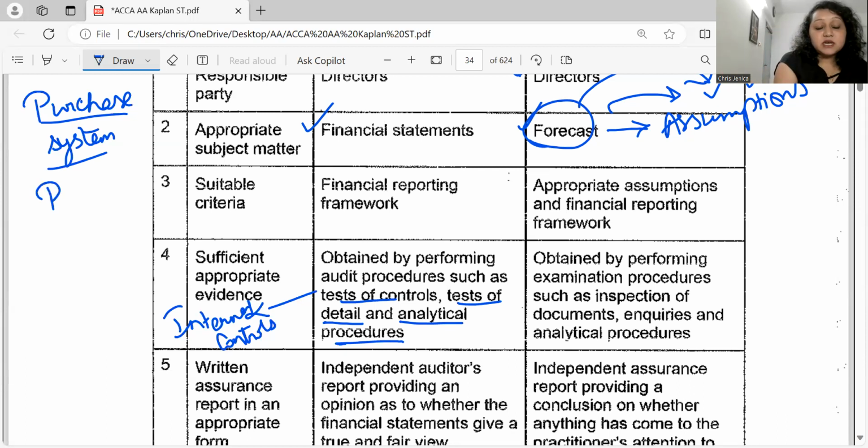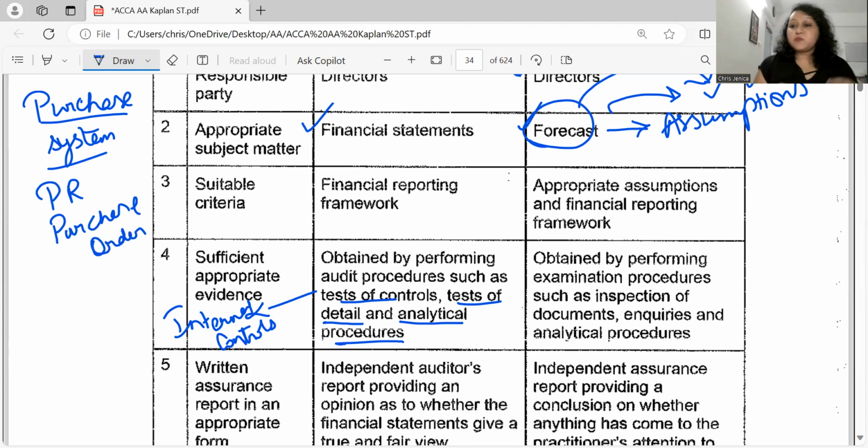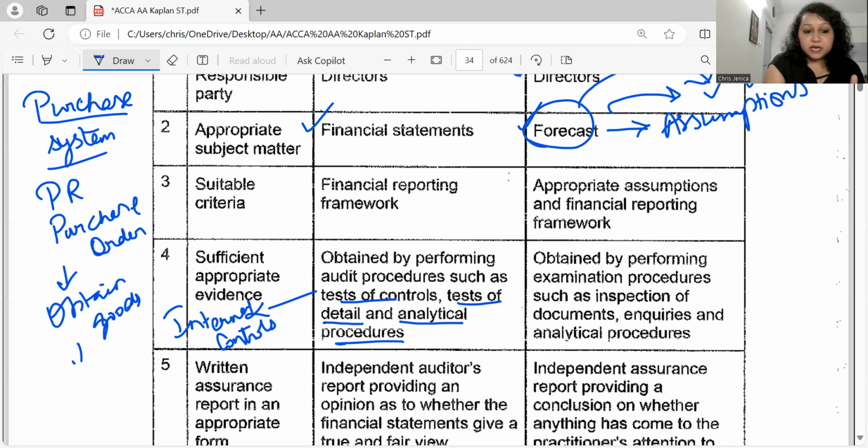First of all, a purchase requisition will be raised. Then the purchase department will be raising a purchase order. I'll be explaining all the systems in detail when we come to the internal controls chapter. Now, in short, I'm telling you. So this starts from the purchase requisition. Then obtaining the goods, and you will be obtaining an invoice against which you'll be making payment, right?